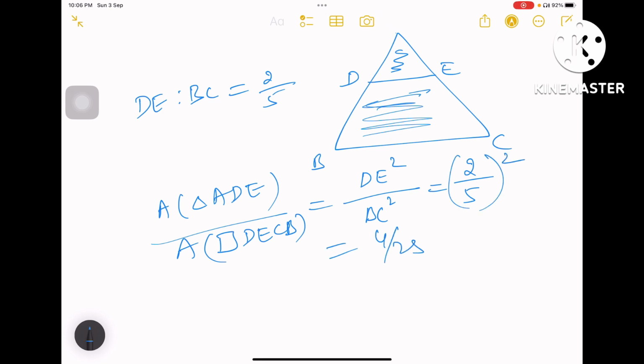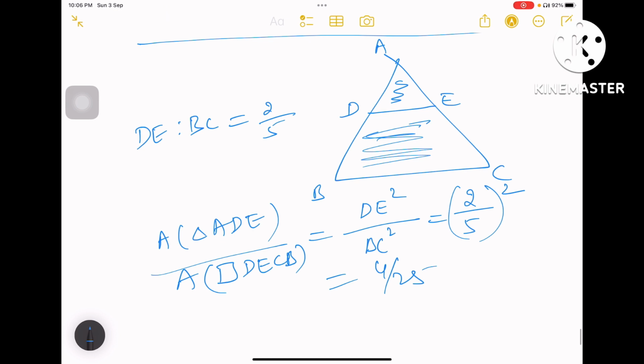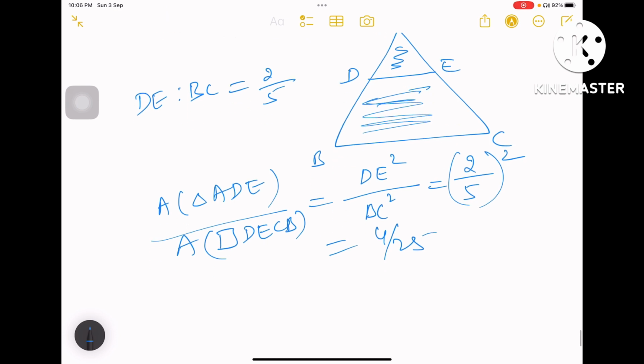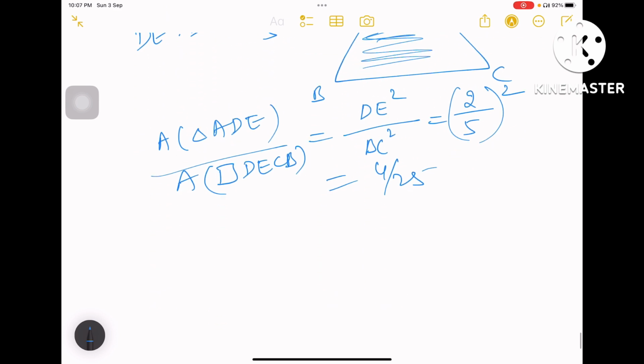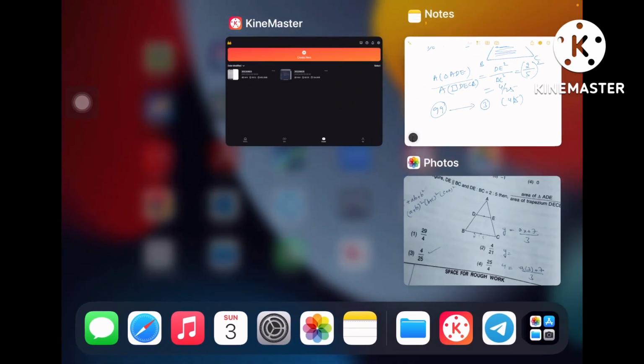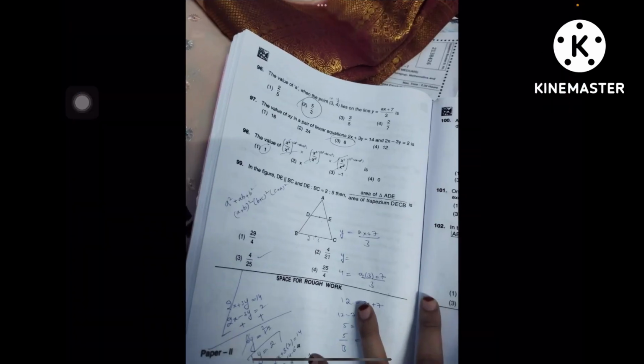It will be 4 by 25. So 4 by 25 is the correct option. Question number 99. The correct option is third, that is 4 by 25. Let's move on to the next question.